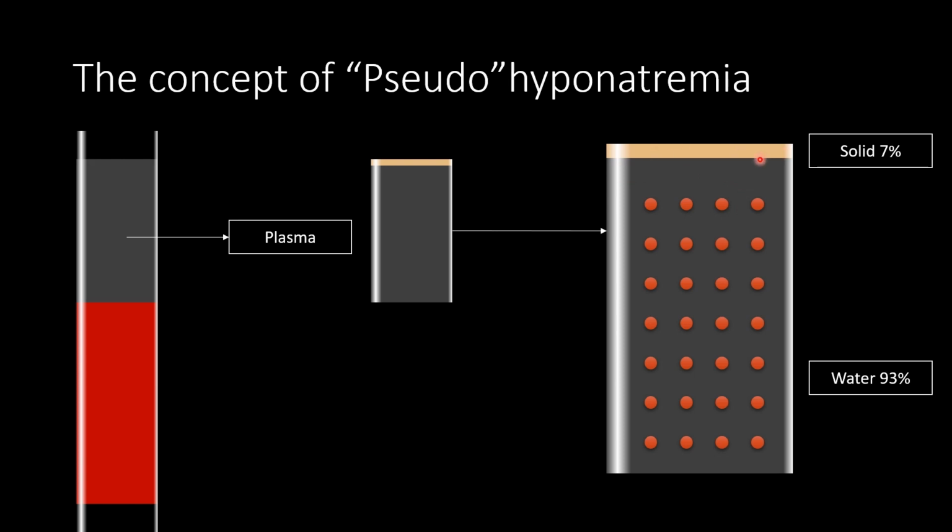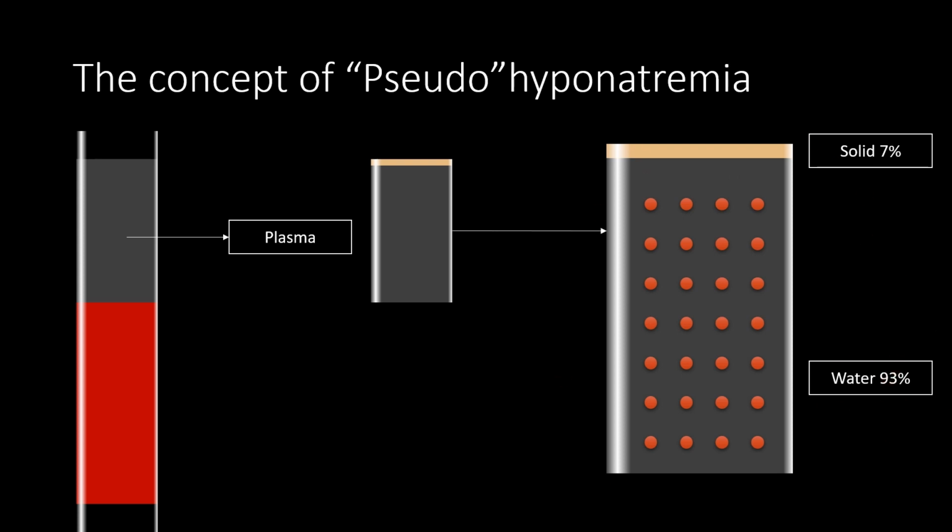So whenever we are thinking about active sodium in the plasma, it is referring to the sodium dissolved in the water compartment. But the problem is, whenever we measure serum sodium by an indirect ion electrode method, the value that comes is calculated based on the whole plasma compartment, the whole 100%, not just the 93%.